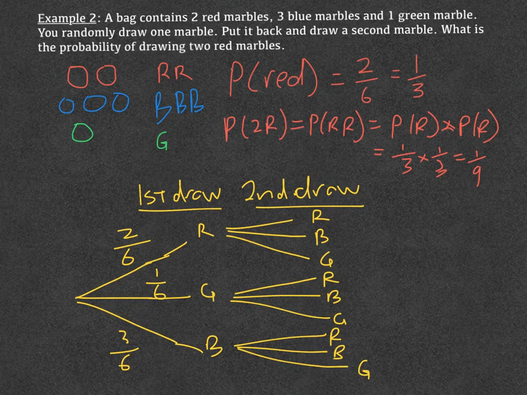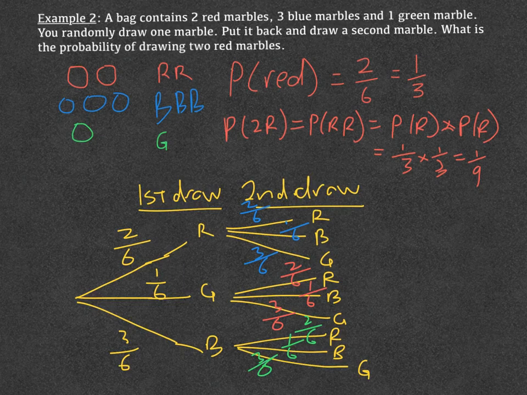And here to get another red, I'll change the color to blue maybe, so I get 2 over 6 again, 1 over 6, and here I get 3 over 6. Here I'll get the same thing, 2 over 6, 1 over 6, and 3 over 6. And for this I'll get the red again is 2 over 6, this blue is 1 over 6, and I get 3 over 6 here.